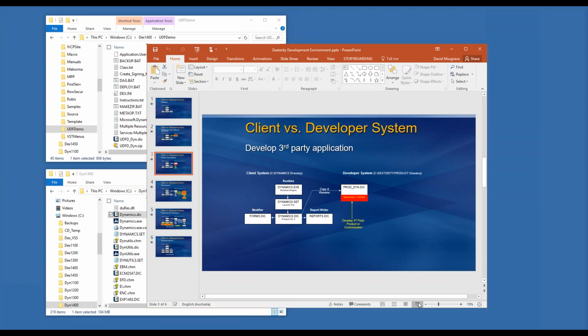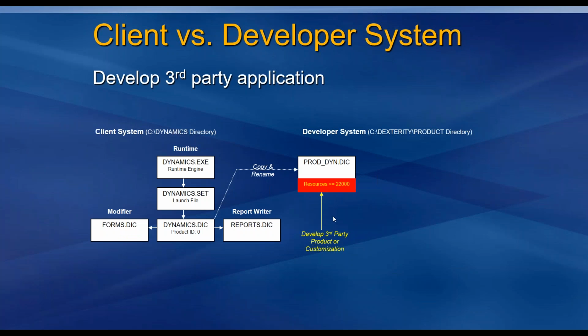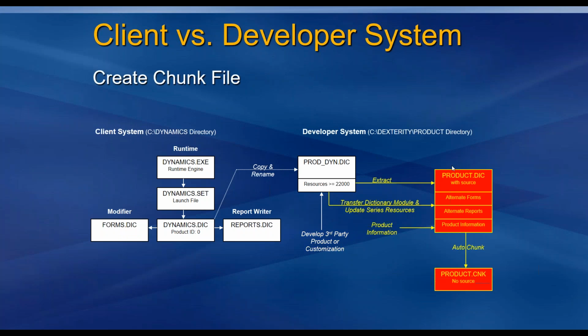Okay, we have completed the adding of our resources. So the next stage is this process here where we extract our changes out. We transfer dictionary modules, which allows us to transfer the alternate forms or reports, if there are any. In this case, we're going to have to transfer the PM vendor maintenance window.